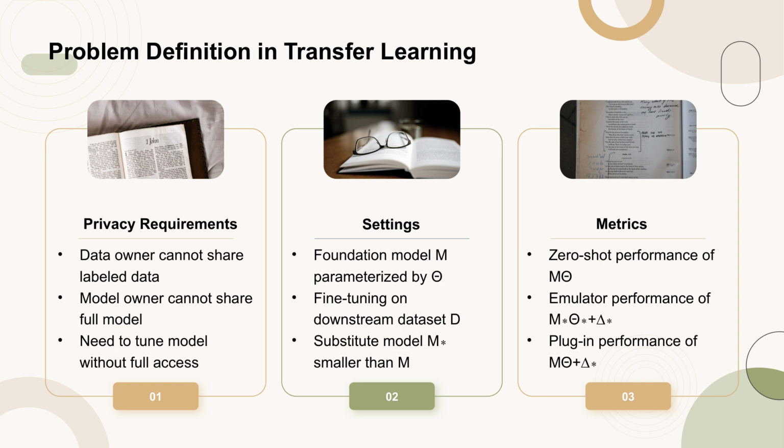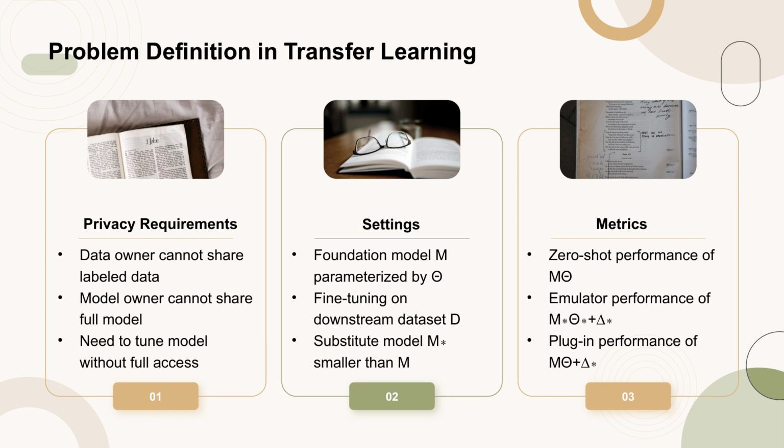To address privacy, we introduce a substitute model M', which is smaller and weaker than M, ensuring that sharing M' does not compromise the foundation model's ownership. Data owners then optimize this substitute model on their dataset, yielding M'(θ' + Δ'). The goal is to achieve similar performance to directly optimizing M on the dataset, without exposing M itself.